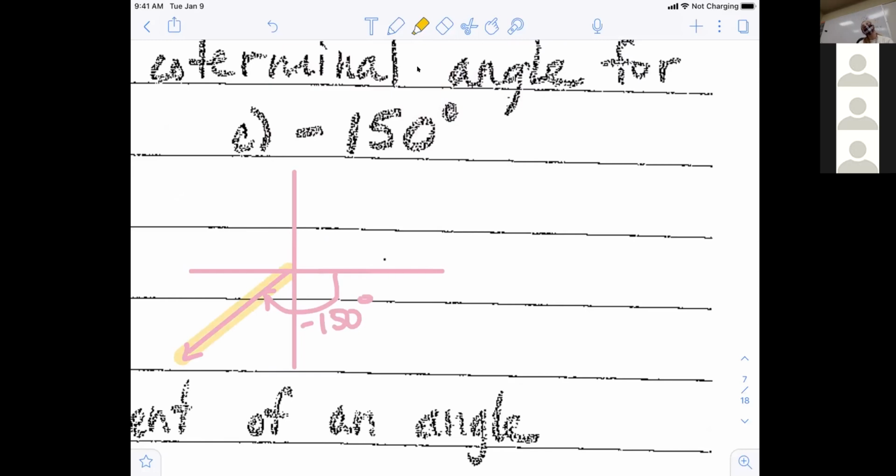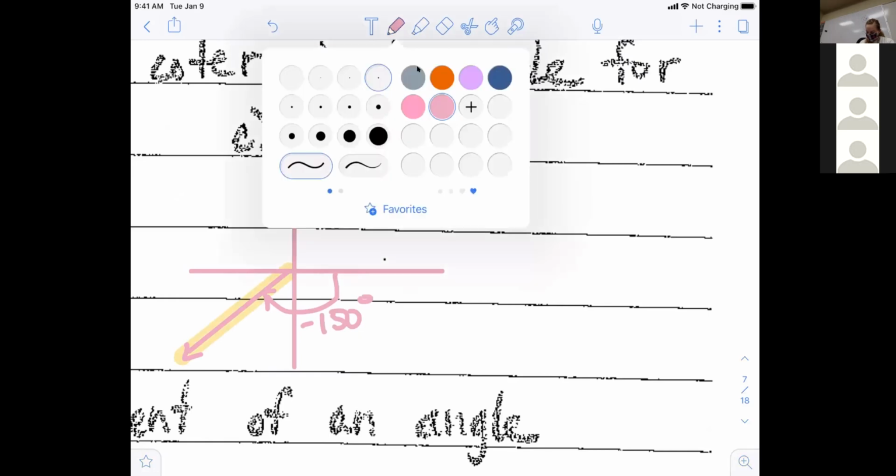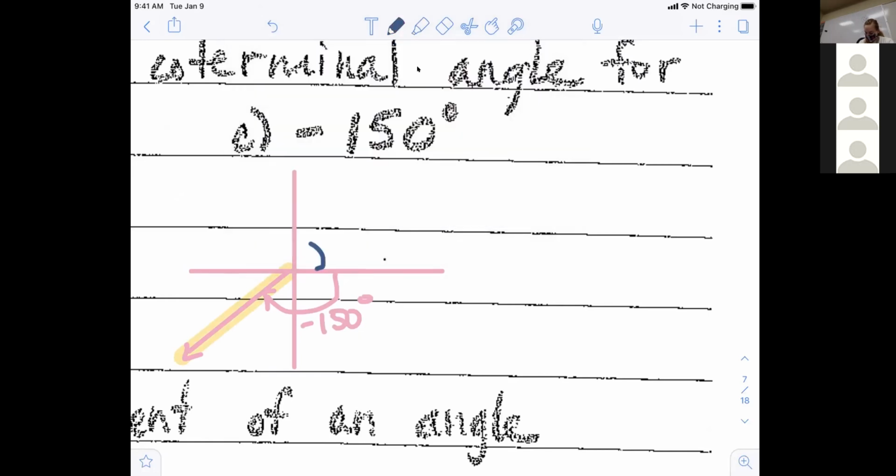And now we have to do plus 360 and we have to minus 360. When we do plus 360, that's us going the positive direction. So negative 150 plus 360 is going to be 210, I think.